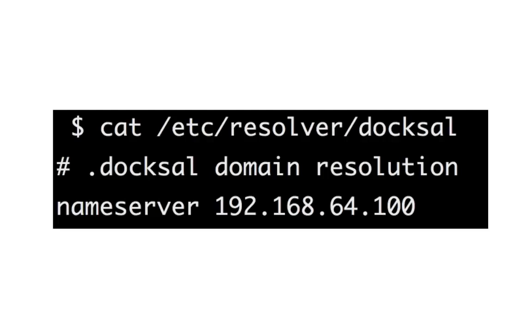This is a lot like if you've ever added the Google public DNS server to deal with some sort of a network outage, the 8.8.8.8 server. This is similar to that, but because of the nature of this resolver configuration, it's restricted only to impact domains that end with the .docksal top level domain.